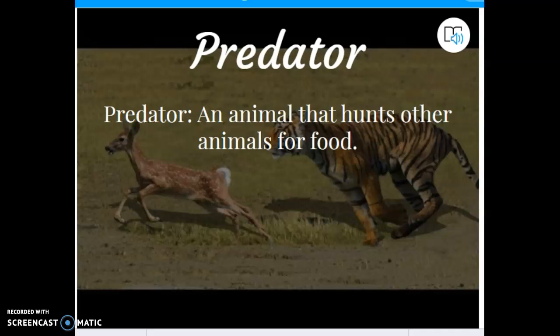The new word for today that we're going to take some time to pause and write on the anchor charts is predator. A predator is an animal that hunts other animals for food. Lions, tigers, sharks are all predators. Why? They hunt other animals for food.